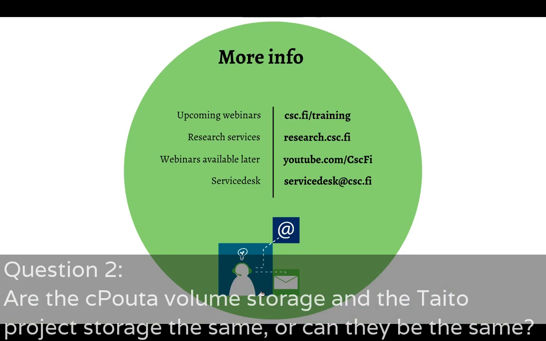You can make some areas from Taito visible to a cPouta virtual machine through SSHFS, but it's not the standard default thing to do. So they are totally different areas. If you think that data in HPC archive and Taito and work directory are one thing, then the cPouta environment is another thing.